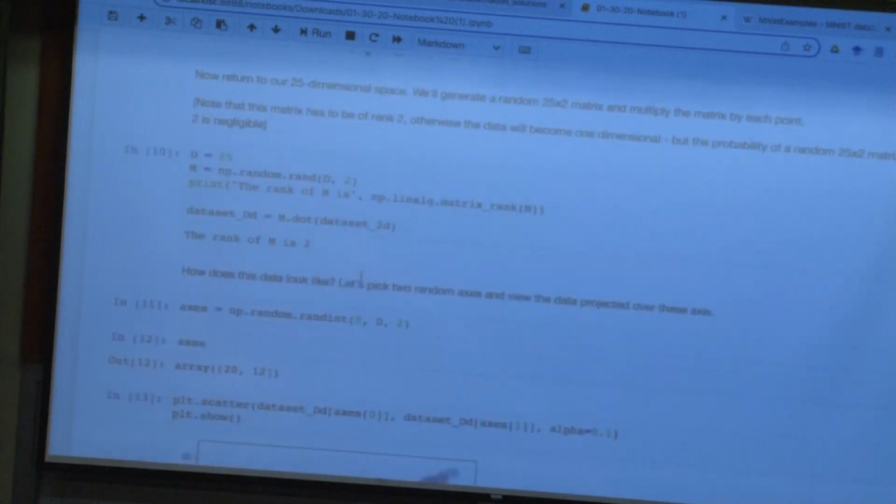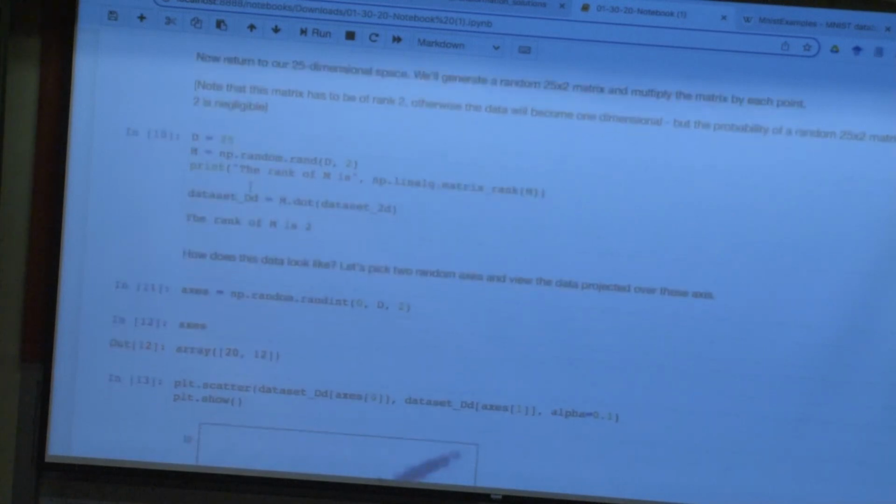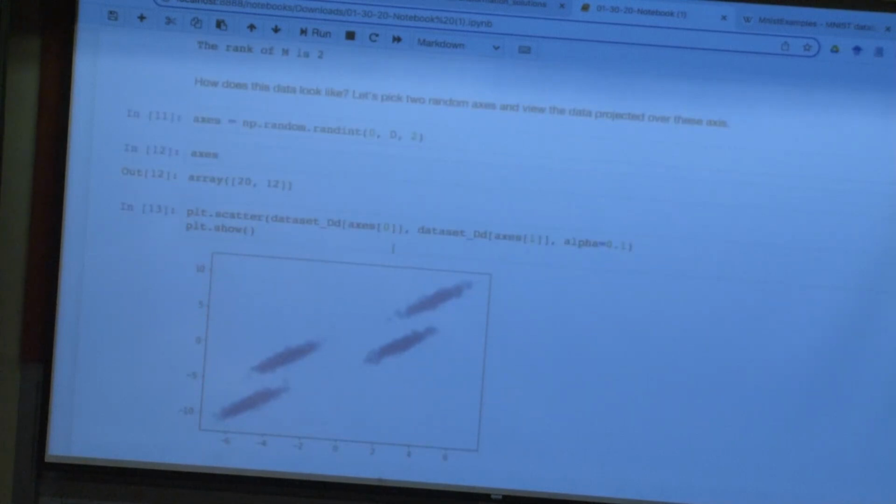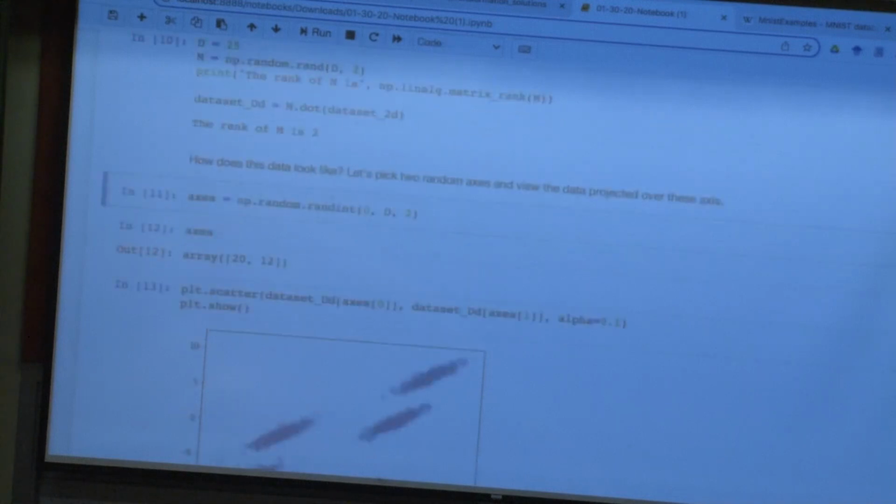So now let's try to do this in 25 dimensions. I choose a random 25x2 matrix, and project each of these data points into that 25-dimensional space.